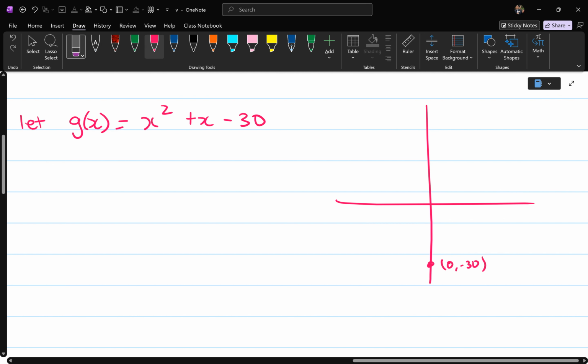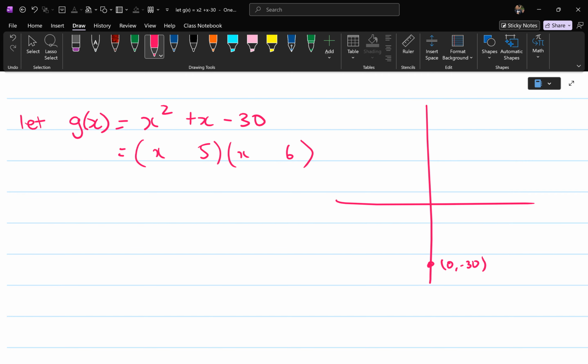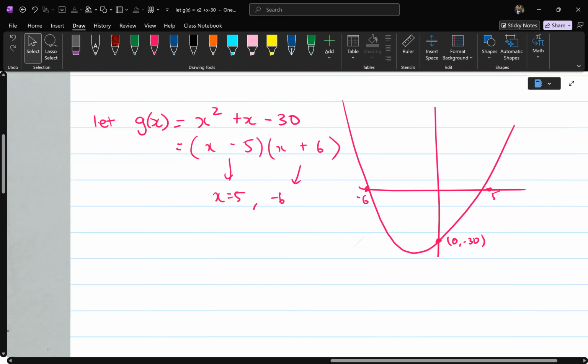For the x-intercepts, I'll see if I can factorize it. What's this? Maybe 6, 5. Yeah, that works out. So you've got an x-intercept at 5 and an x-intercept at negative 6. Say negative 6 is over here and 5 is over here, so it probably looks something like that for the parabola.